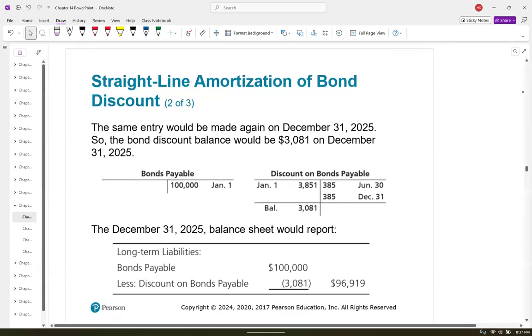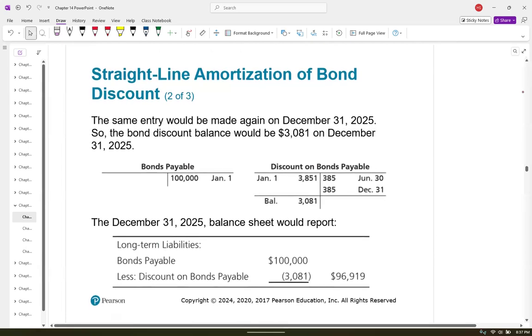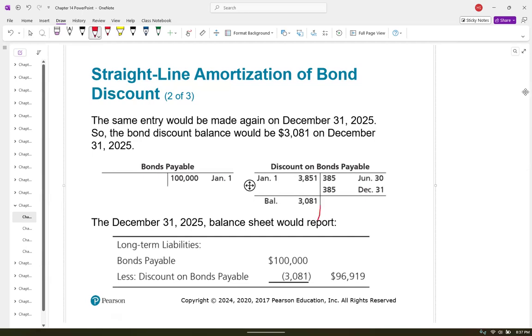Over the next 5 years, they will gradually do that every single interest payment date, until this discount on bonds payable is zero. By the last interest payment date, it's going to zero out. Discount on bonds payable is always going towards zero. These two accounts together are always going towards the face.